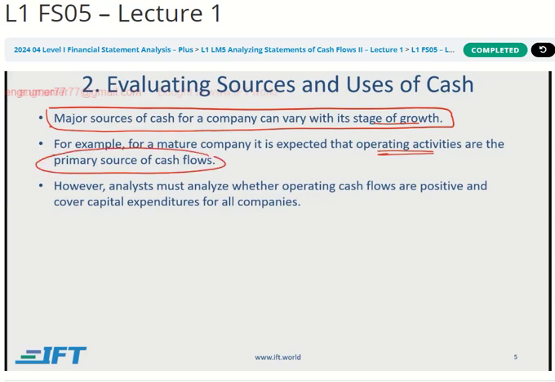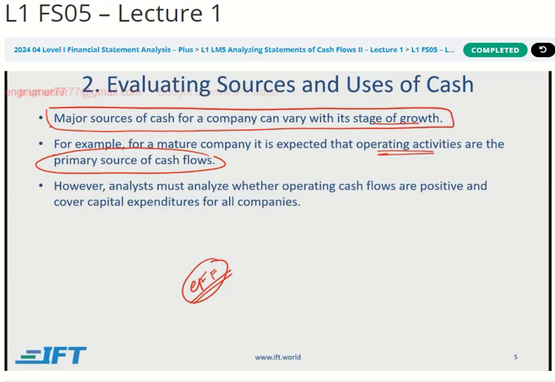So for them, it's going to be a primary source of cash, your cash flow from operating activities. For startups, usually what you see is cash flow from financing activities is where the money is coming in from, and either equity holders or even loans are coming in so that the startup can get on its feet.